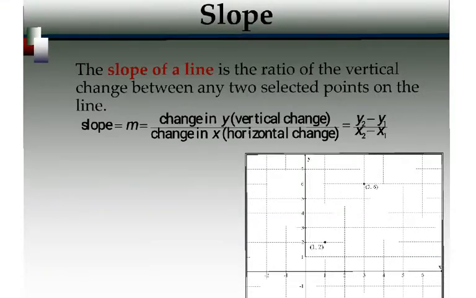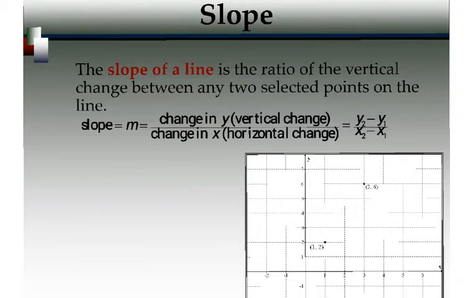Alright, first thing we're going to look at is slope. If you remember way back when you were in Algebra 1, slope is the rise over the run, meaning you rise up from one point and you run over to the next point.